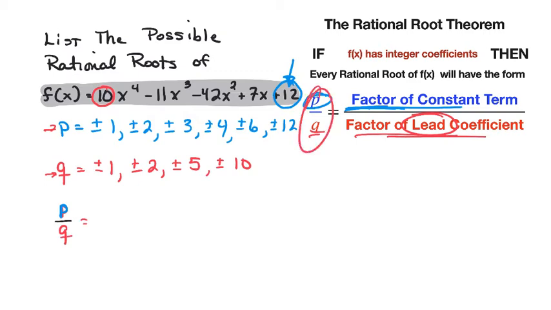And so I'm going to make this list straight up, and then I'll show you how they all simplify. So my first choice would be the blue one over the red one. My second choice could be the blue 1 over the red 2. My third choice could be the blue 1 over the red 5. And my last choice, if I use the 1, is a 1 over a 10.